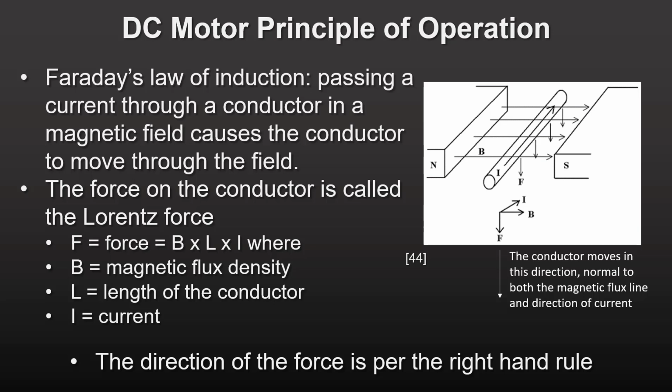The direction of the force is per the right-hand rule, as shown in the diagram on this slide. Make an XYZ axes out of the thumb, index finger, and middle finger of your right hand. Point your right index finger towards the direction of current, and your thumb towards the direction of the magnetic flux from north to south. Your middle finger then points towards the direction of the force.